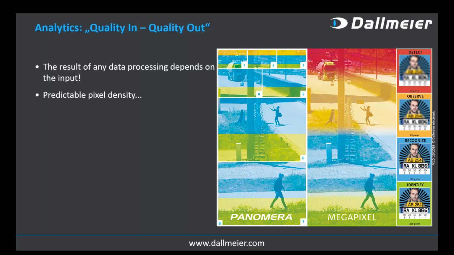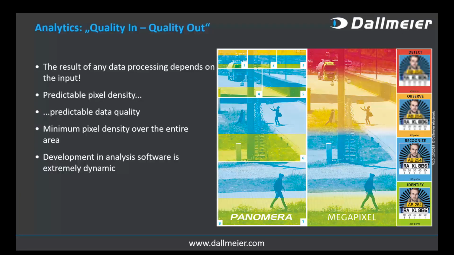And that means that the predictable pixel density, as we can do it with our multifocal sensor systems, you can directly translate into a predictable data quality that you need to run your analytics over a certain area. So if you have a very low resolution area in your image, well, you can't do good analytics because you don't have very good data there. So this is why this minimum pixel density is very important.